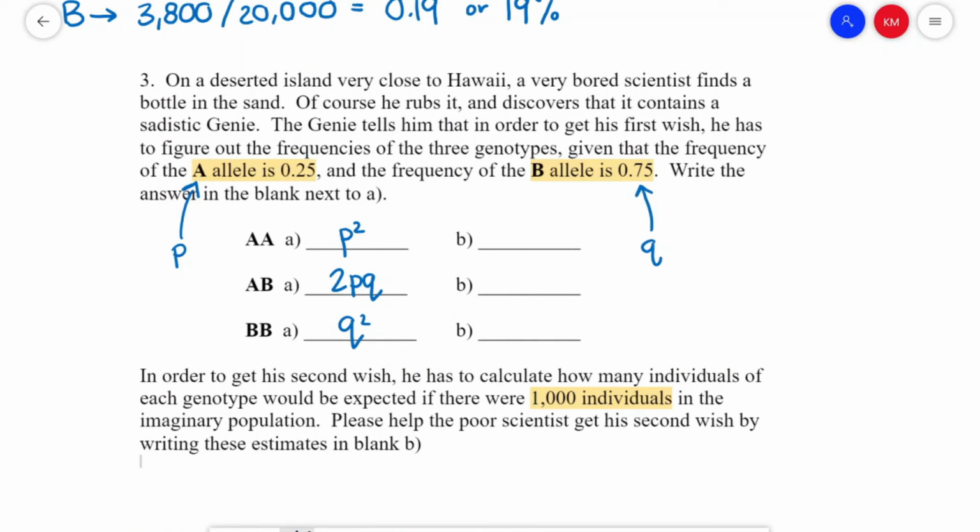And then, for part B, you're just going to take that number and multiply it by 1,000, right? Because that's our population size. So whatever you get in A, it's basically going to be like this number times 1,000. So this, you could say AA times 1000, AB times 1000 and BB times 1000.